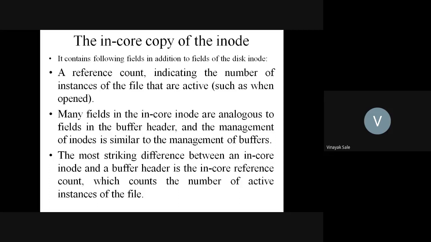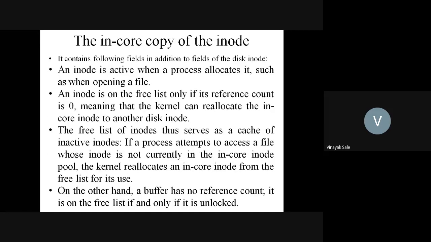There is a difference between the in-core inode and the buffer header. The buffer header shows the buffer number, whereas the in-core inode counts the number of active instances of that particular file. An inode is active when a process allocates it, such as when opening a file.